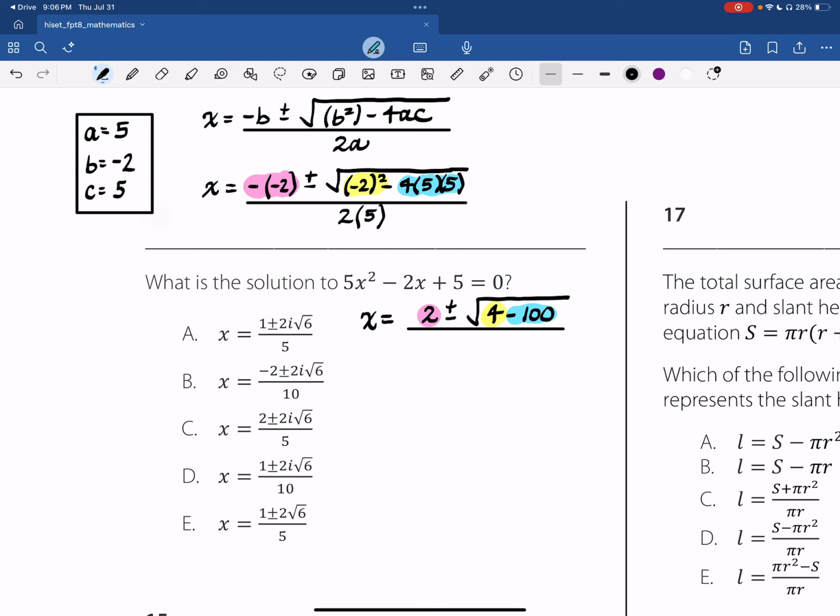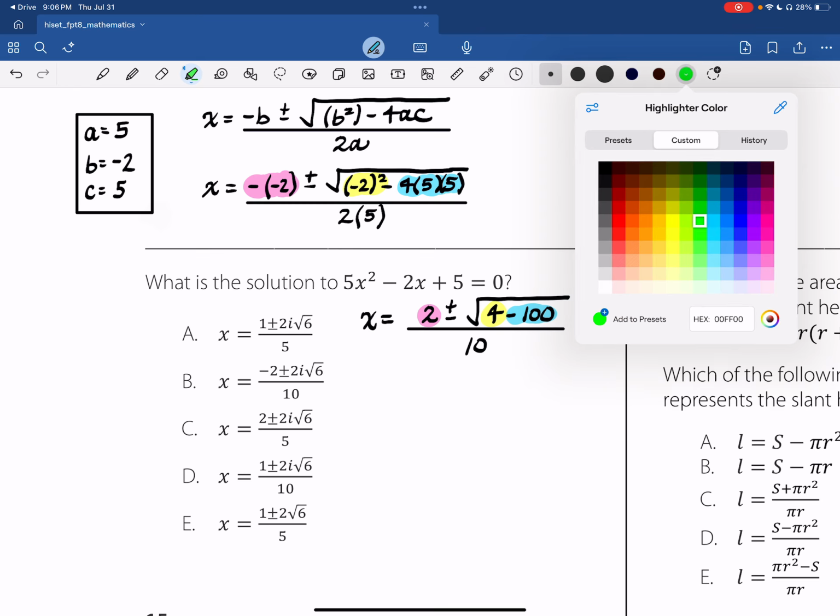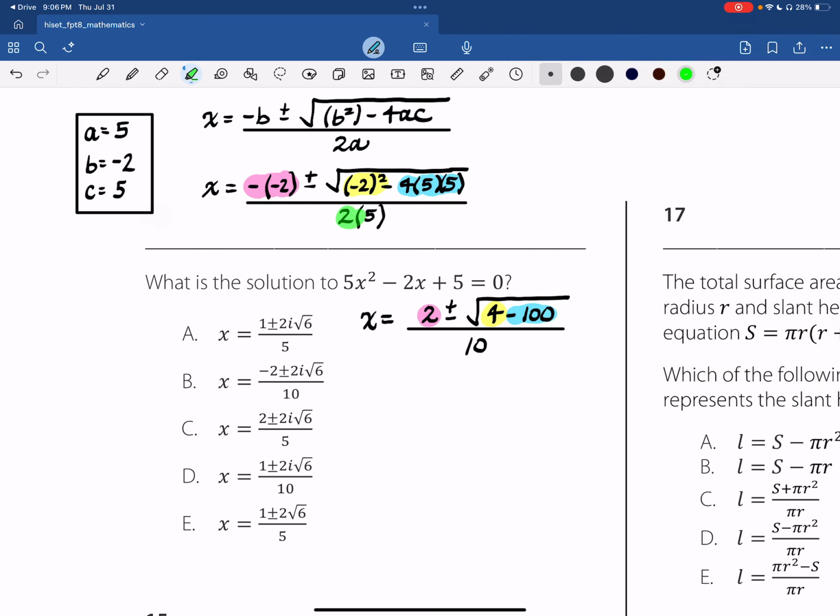And then on the bottom, I have 2 times 5, that is 10. I'll go ahead and highlight that for you, so you can see where I'm getting all this. So we're a little bit simpler. It's getting simpler with each step, but I need to come on down and keep working.